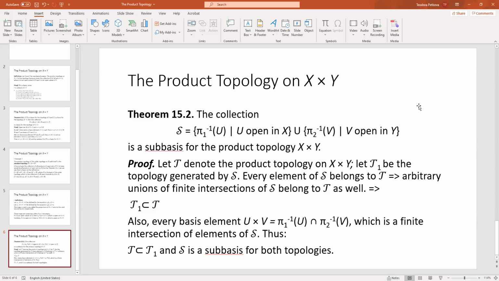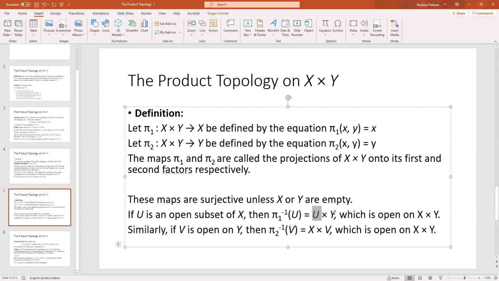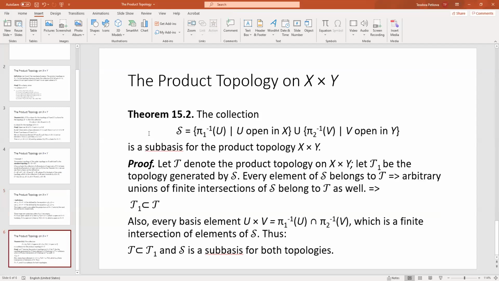The collection S is the union of the collection of the inverse image of U under pi1, such that U is open in X, and the inverse image of V under pi2, where V is open in Y, which is basically all sets of this type. And this collection is a subbasis for the product topology on X cross Y.